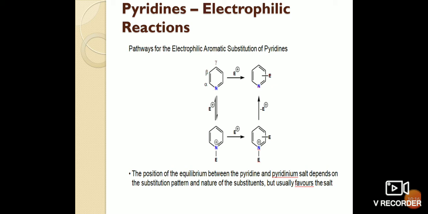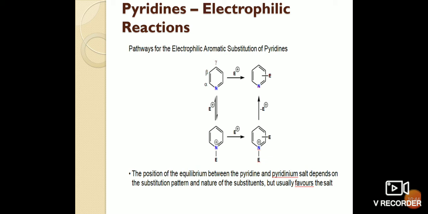We see there are three positions which are available for an electrophile to attack: alpha, beta and gamma. Alpha is ortho to nitrogen, beta is meta to nitrogen and gamma is para to nitrogen. So on substitution, a single isomer is formed in pyridine.